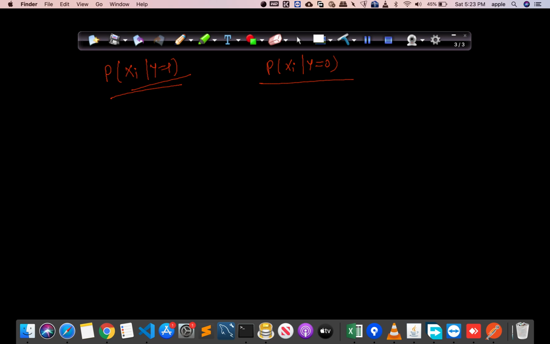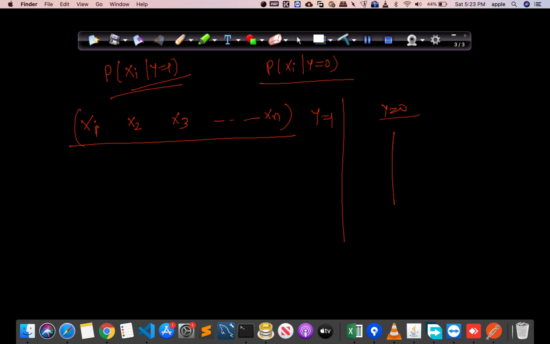The probability of x1, the probability of x2, the probability of x3, until the probability of xn is fixed, for y equals 1 and for y equals 0 also. But then why will the results be different? Suppose I give you a point x, and the predicted y was 1, and for some other x, suppose this is some x1 and this is some x2, y was 0. Why does this happen?